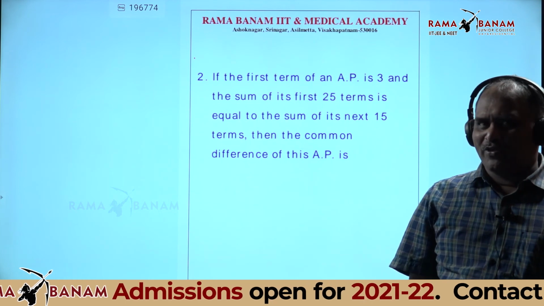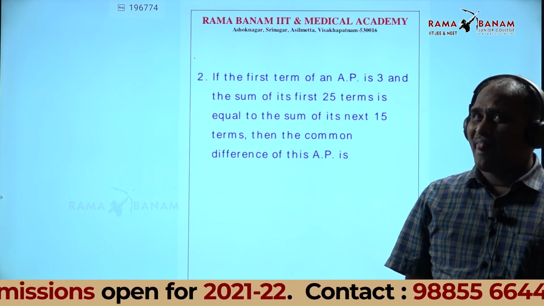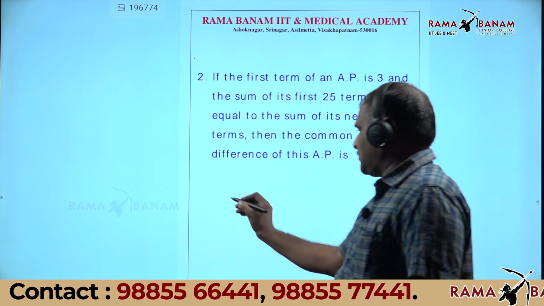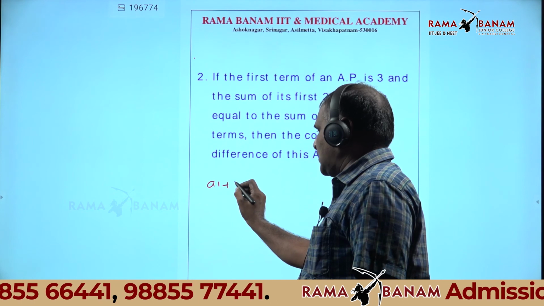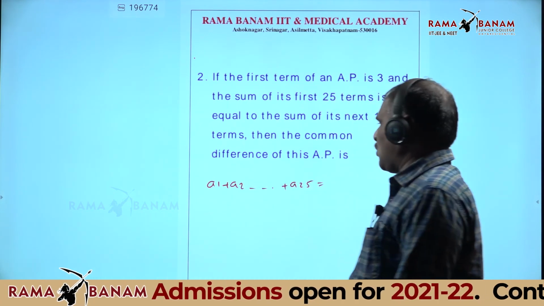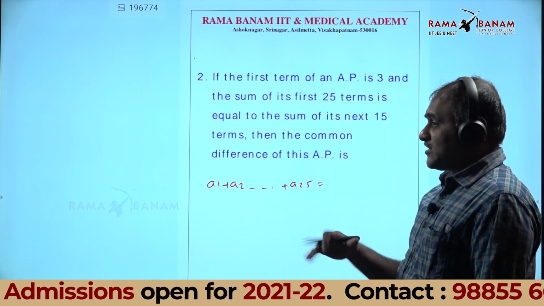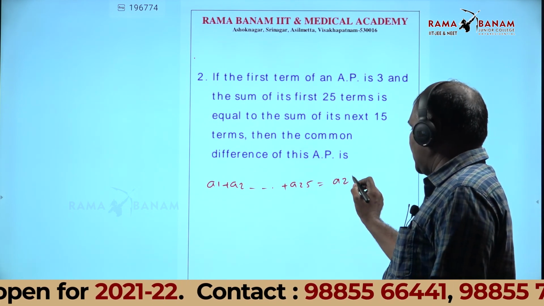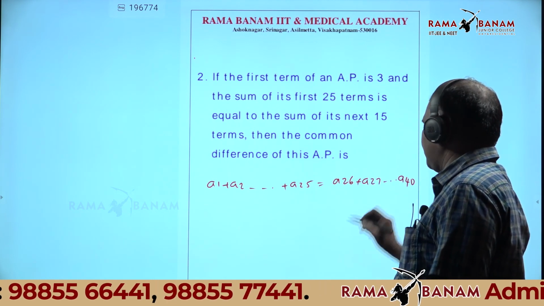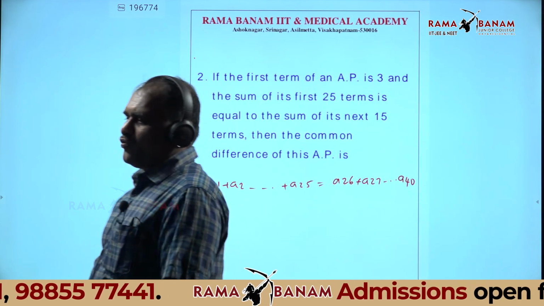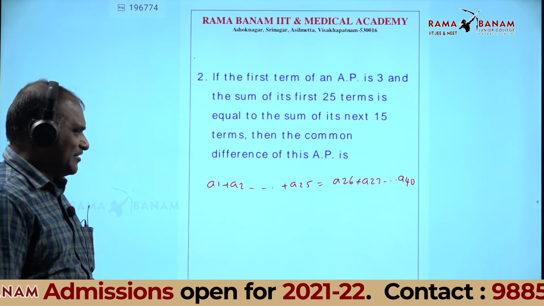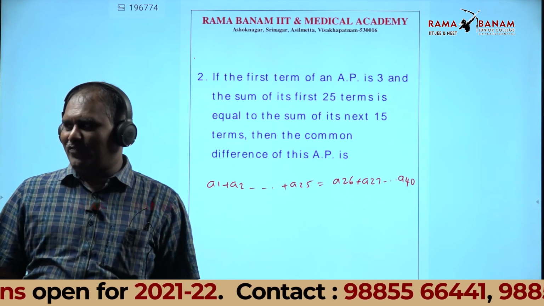Did you understand the meaning of that? Sum of the first 25 terms means a1 plus a2 and so on up to a25 is equal to a26 plus a27 and so on up to a40. How do you get that? S40 minus S25. Very good.